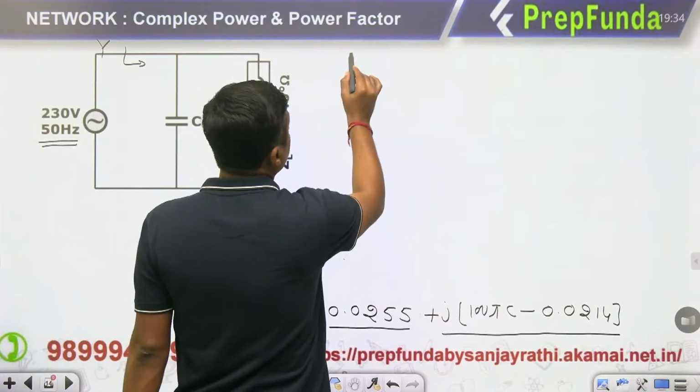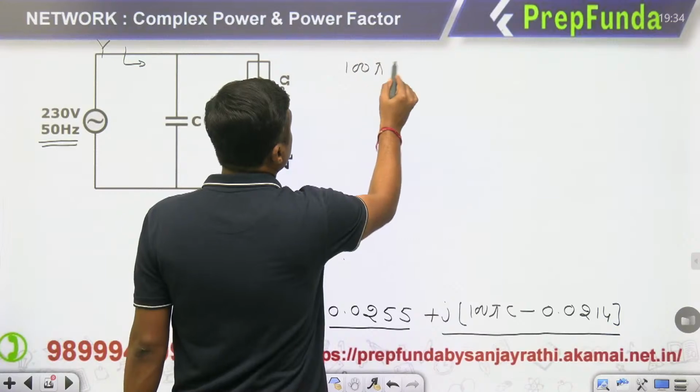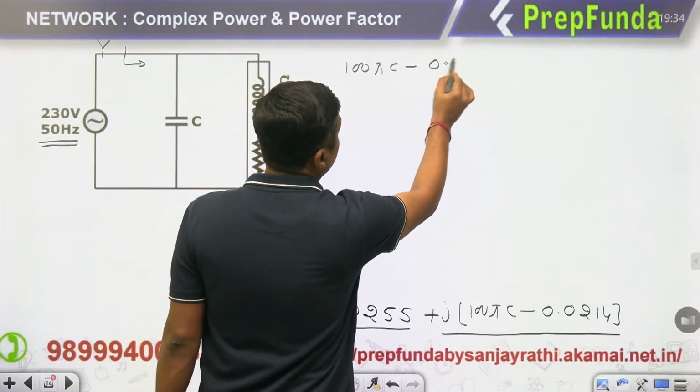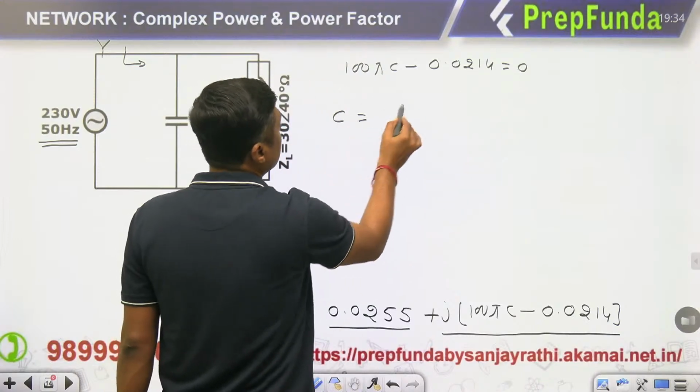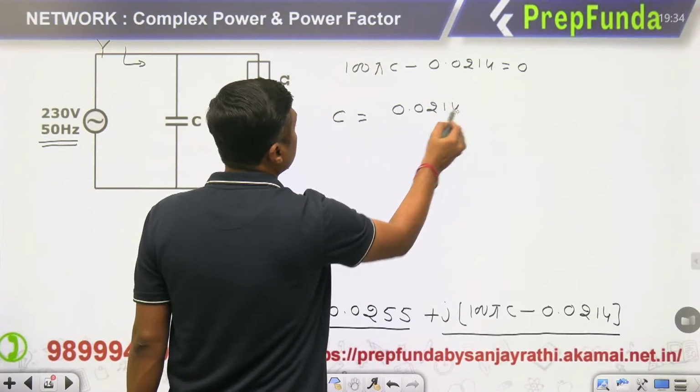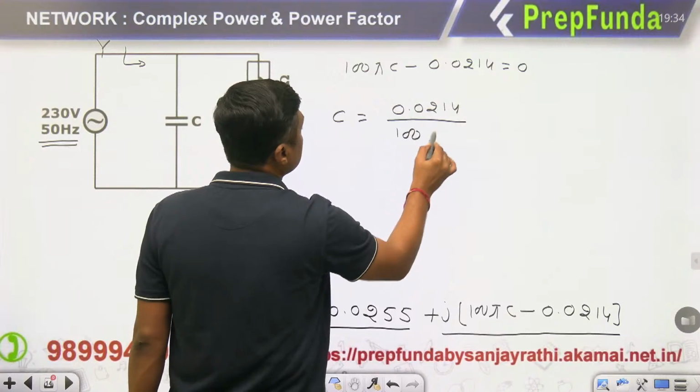Imaginary part: 100 pi C minus 0.0214 is equal to 0, and therefore C will become 0.0214 divided by 100 pi.